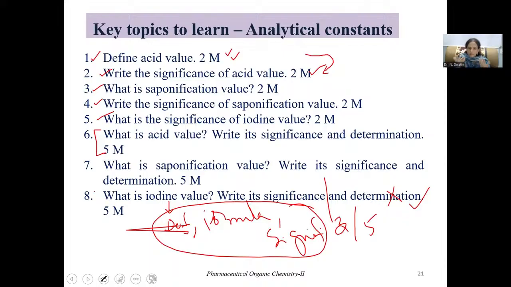Okay, so try to do smart work rather than the hard work, provided if your aim is to only clear the exam or to get up to B grade in your final examinations. Okay, as I mentioned repeatedly in the earlier sessions also, you have to plan your strategies according to your goal. Okay, whether your goal is to just clear the subject, to get B grade, A grade, or O grade, accordingly you have to plan your strategies.